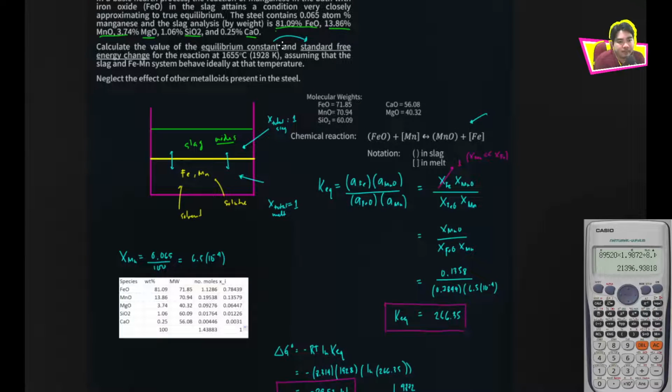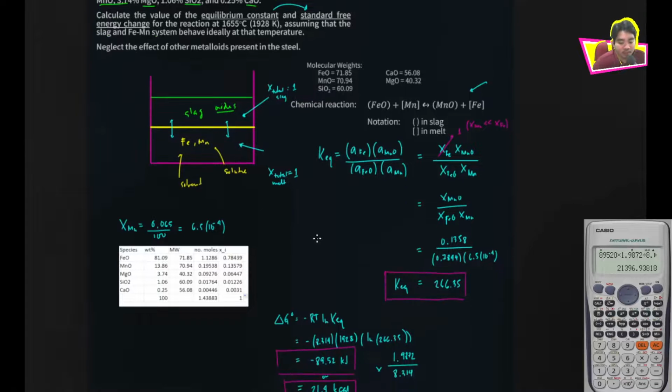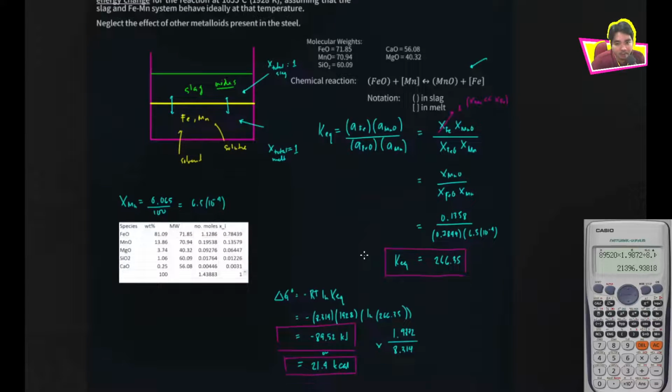Okay. So before I proceed to, we have 30 minutes left for real solutions. But before I proceed to that, may questions ba about this, Hazel or Joanna? Wala naman po sa akin. Okay, wala naman si Hazel. How about you, Joanna?